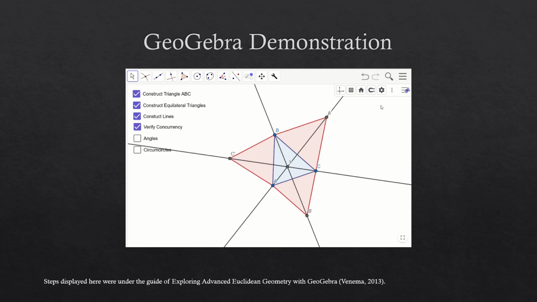So, some interesting facts about the Torricelli point. It is the minimized distance between A prime, B prime, and C prime. And the reason that we know this is because of the circle that this creates right here.